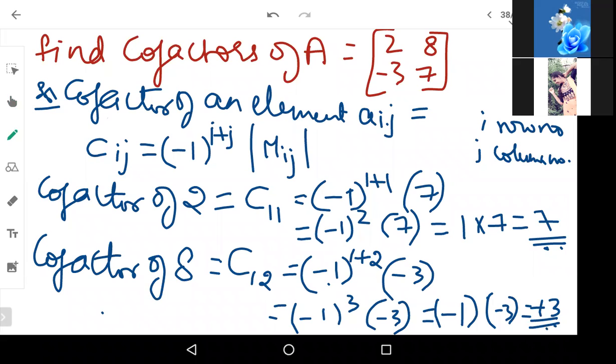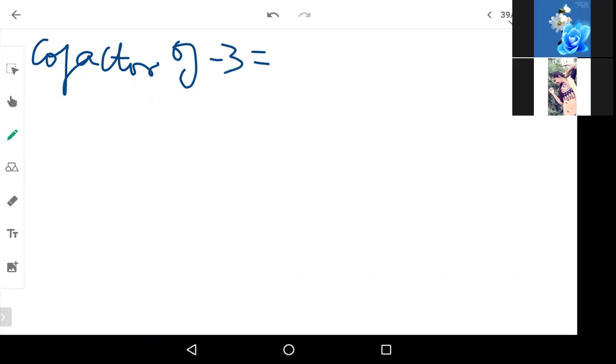Okay. Next, cofactor of minus 3, which is second row first column, that is equal to minus 1 to the power of 2 plus 1.